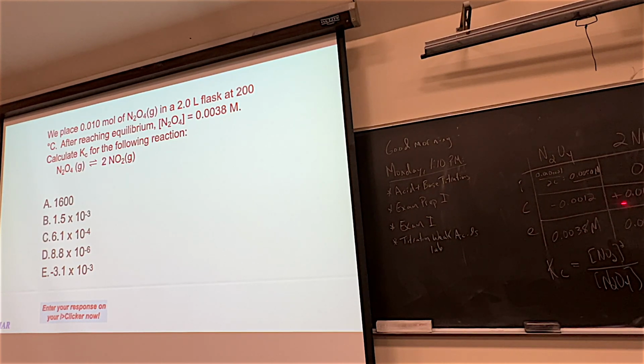Now, the change part is often the key to figuring out these K values, all right? Because the change has 2 things that are important. First of all, there's always a line between reactants and products. And it's an important line because on one side of that line, all the numbers on the change line will be negative, and on the other side, they'll all be positive.